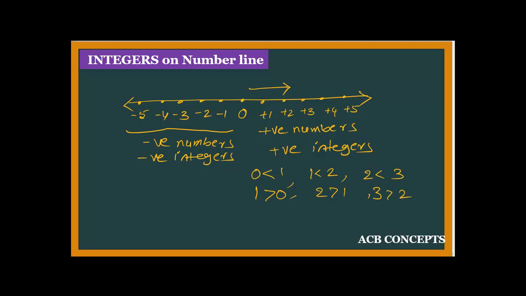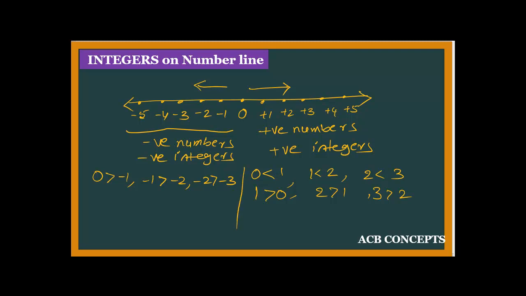Come to this side. If you further move from 0 to the left side, its value decreases. How? 0 is greater than -1, -1 is greater than -2, -2 is greater than -3.